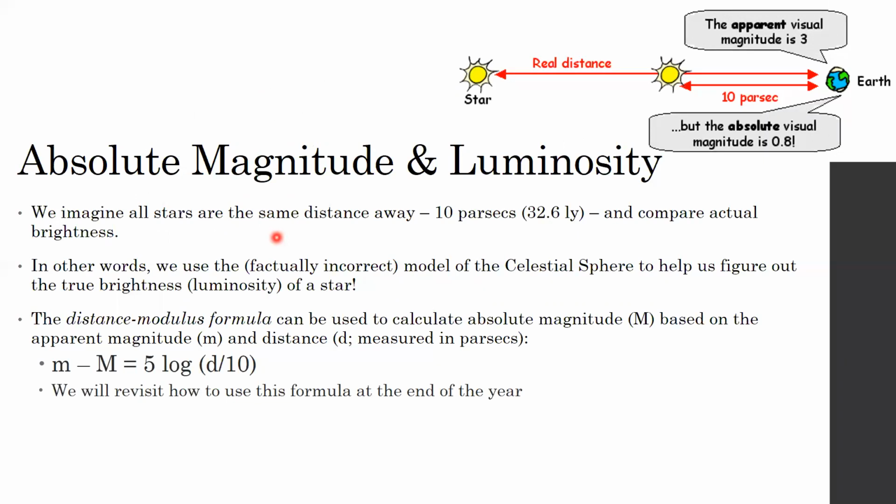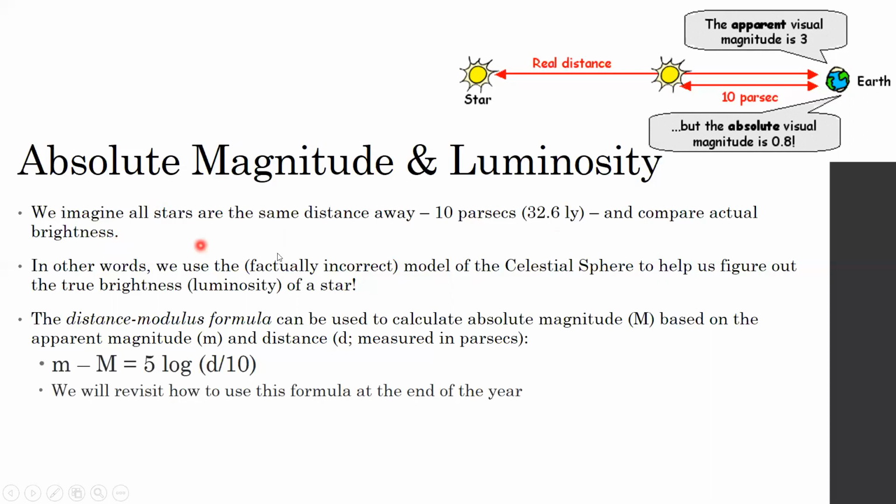If we could take all the stars that we can see in the night sky and put them all at the same distance, and we set that distance at 10 parsecs, and don't forget, a parsec is equal to about 3.26 light years, so 10 parsecs is about 32.6 light years. If we could compare their brightnesses all at the same distance, then we come up with these absolute magnitude figures.